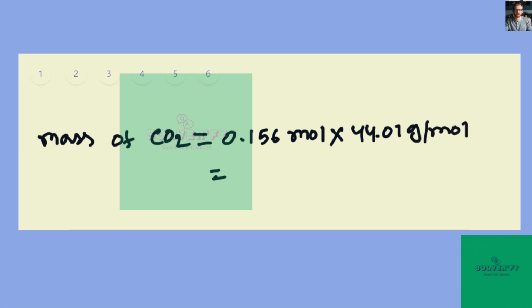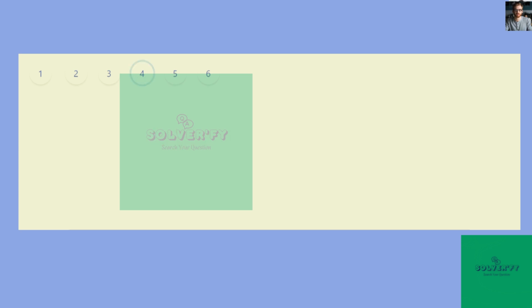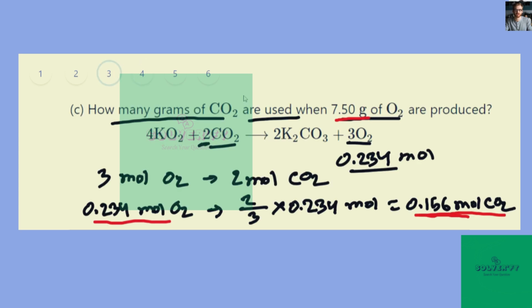It will give us a value of 6.86 gram CO2. So this is the mass of CO2 which is required or used to produce 7.5 gram O2.